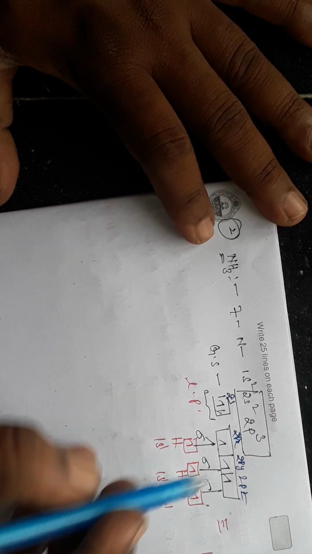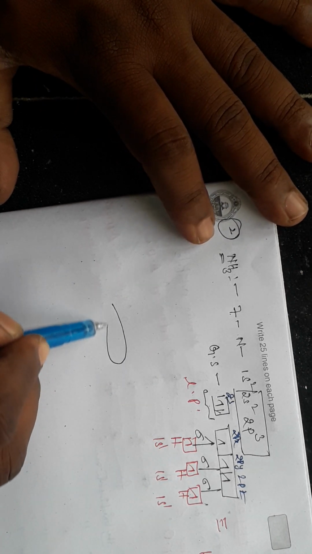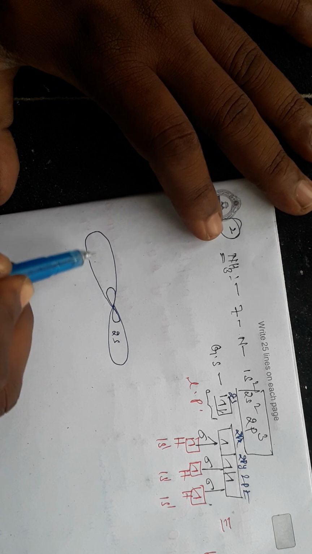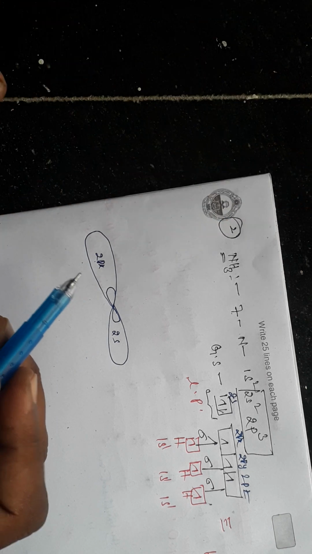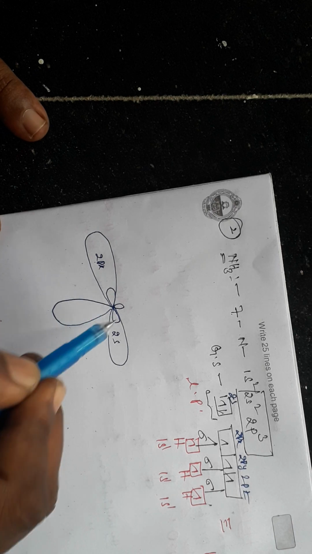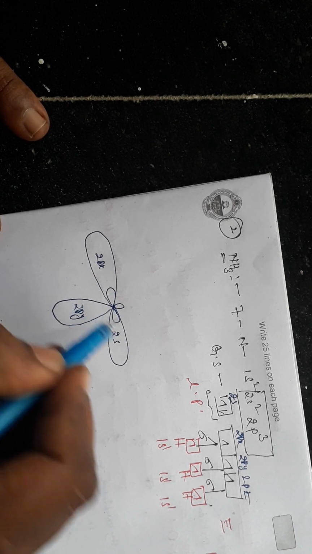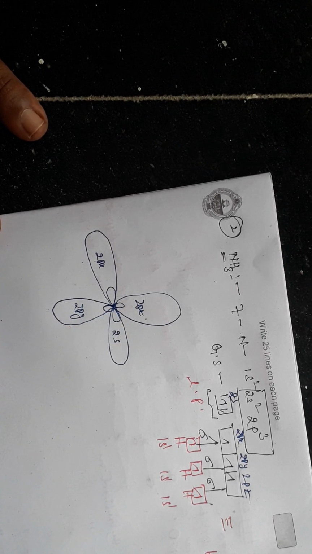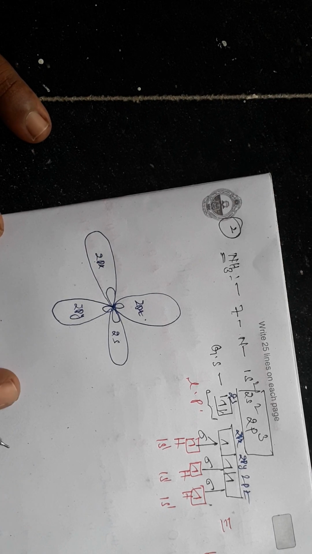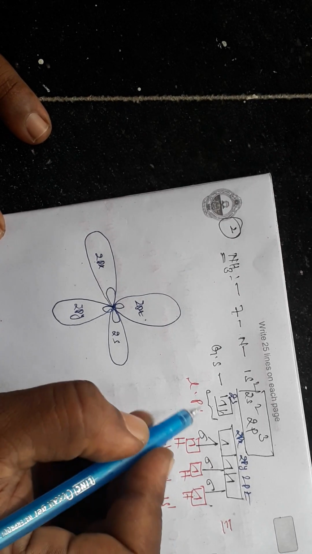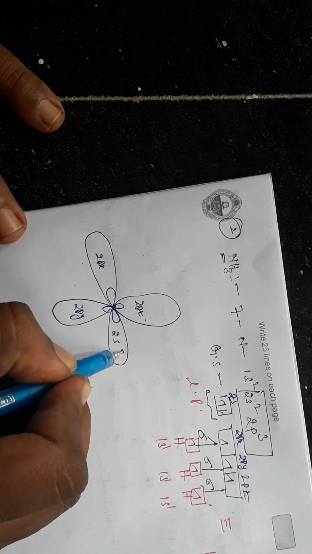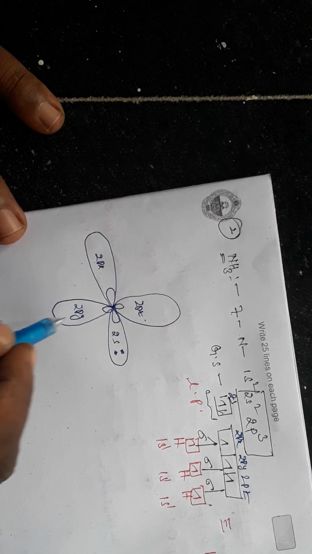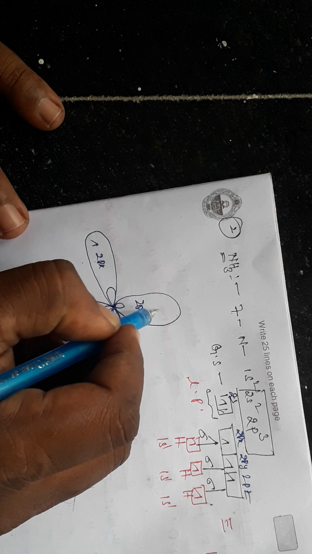Now I am going to intermix the orbitals of nitrogen, 2s, 2px, 2py, and 2pz, for the bond formation. Here 2s contains a lone pair of electrons, and 2px, 2py, and 2pz contain one electron each.